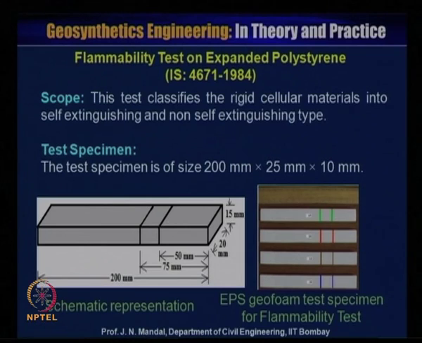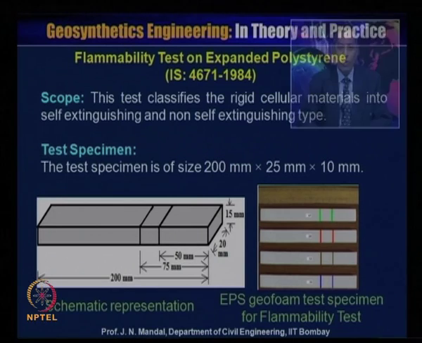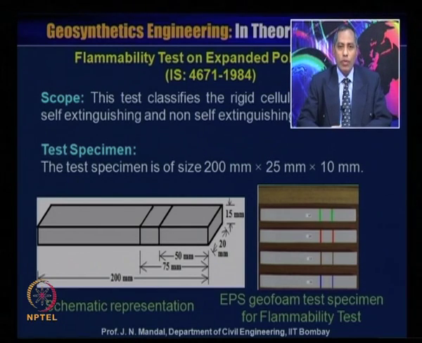This material sometimes comes across a flame or fire, and then there is no existence of the geofoam material. So, this kind of flammability test on the expanded polystyrene material is required.